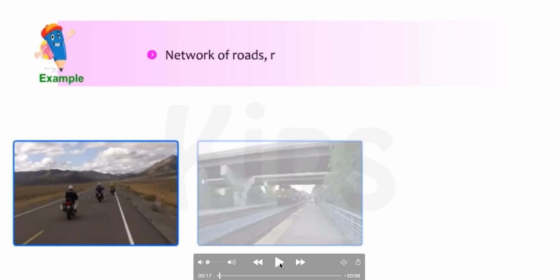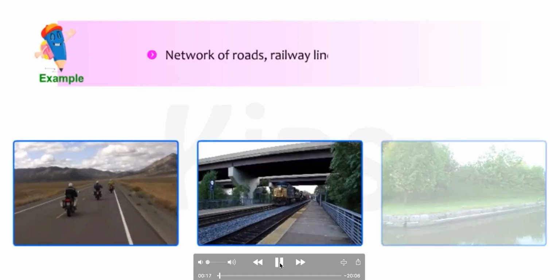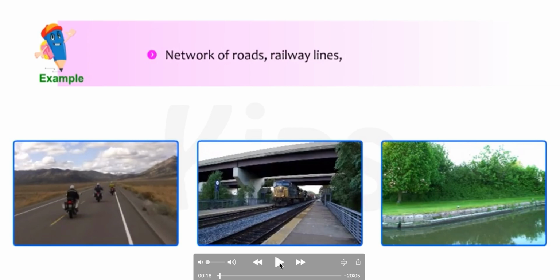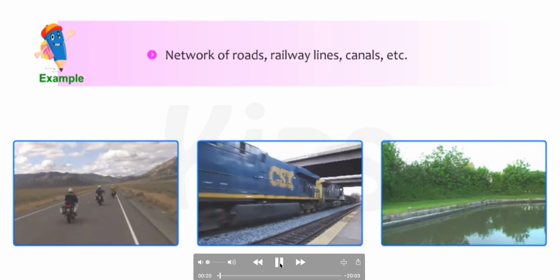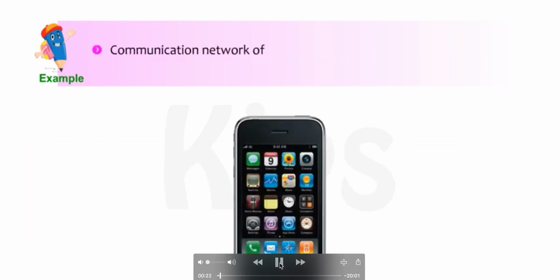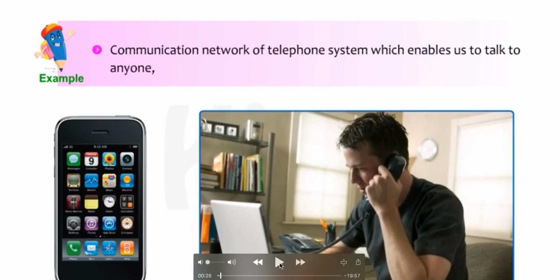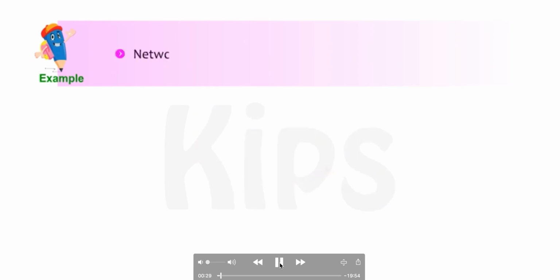The first one is the network of roads, rails, and canals. Just observe here a communication network of a telephone system which enables us to talk to anyone. What are they? Mobiles, isn't it? Anywhere, anything.